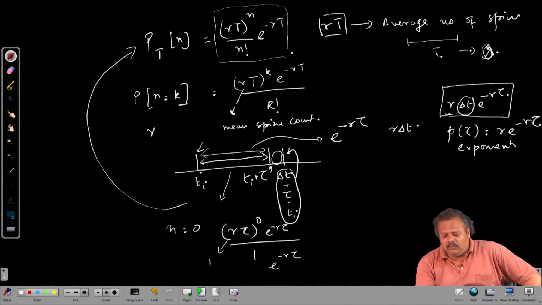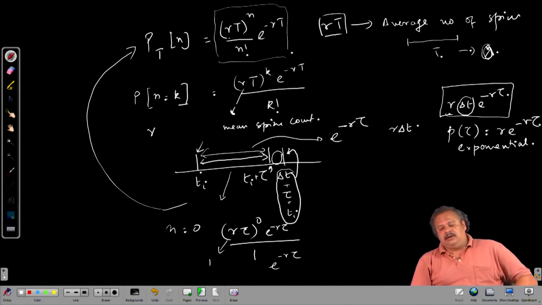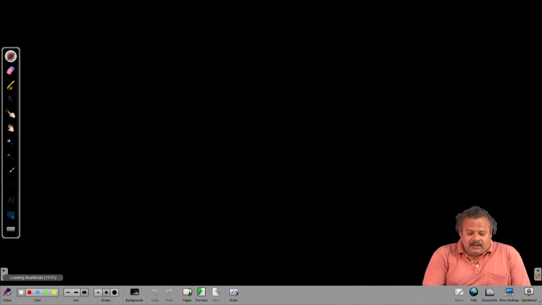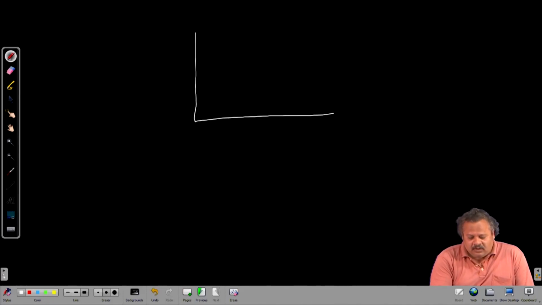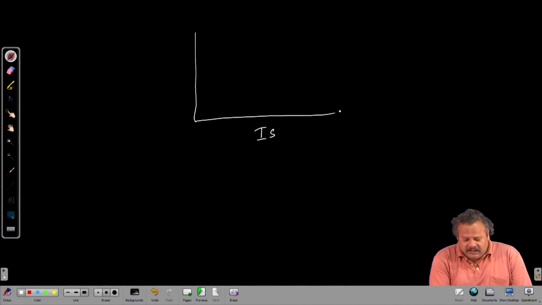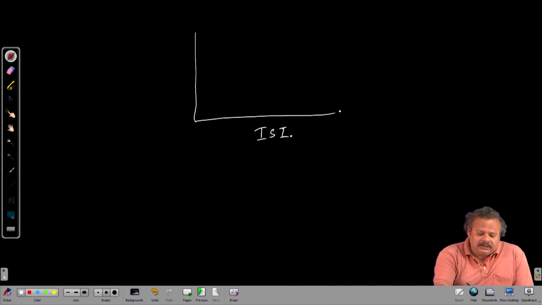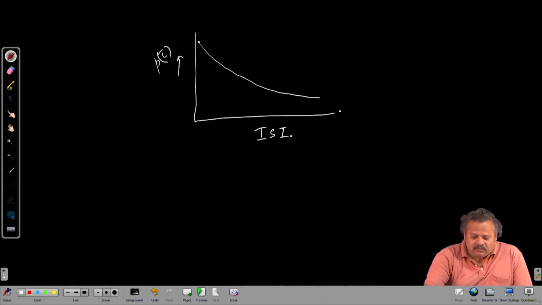So we see that interspike intervals generally follow an exponential distribution, so p of tau, the density, should go down exponentially like this.